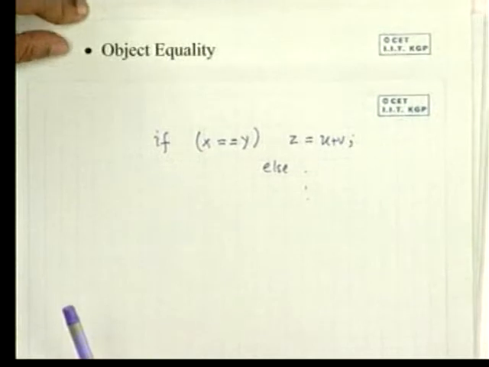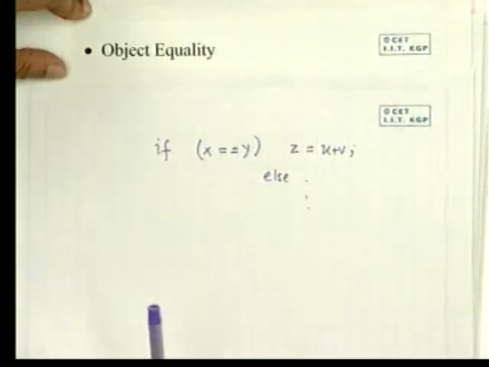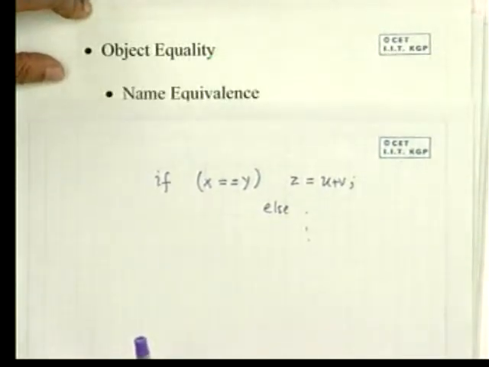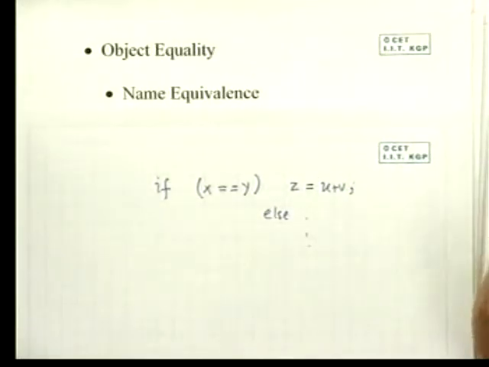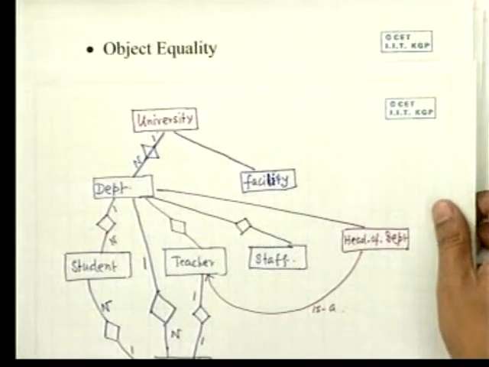and in this context there are different notions of object equivalence. One is the name equivalence. Example wise, say if the two objects have the same name. Now this idea may be useful in case of a university, where we can say that naturally if the two universities have the same name they will be equal, assuming of course that in the world no two universities have the same name.